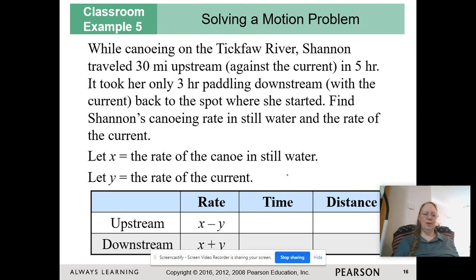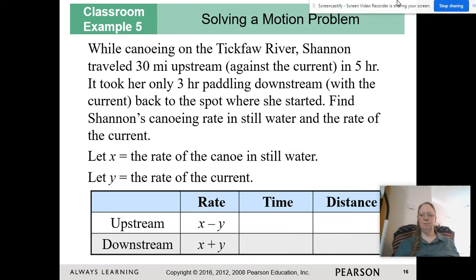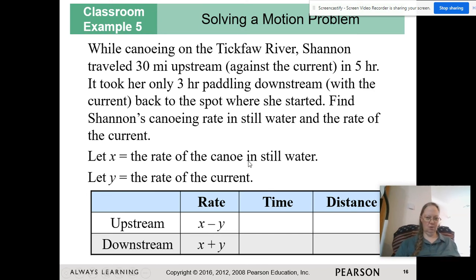All right, upstream, downstream. You guys remember your upstream, downstream problems? When we're going upstream, we have to subtract off the current to slow us down. And when we're going downstream, it's going to speed us up, so we're going to add the current.